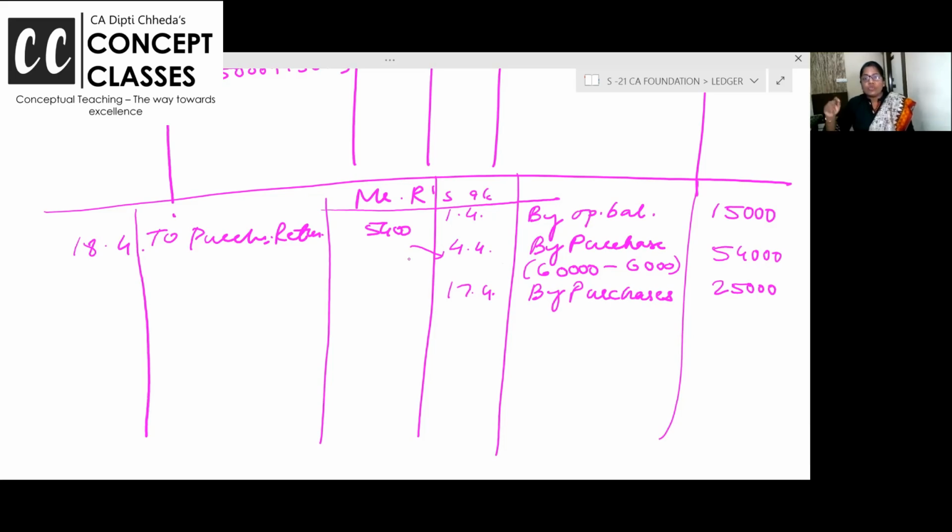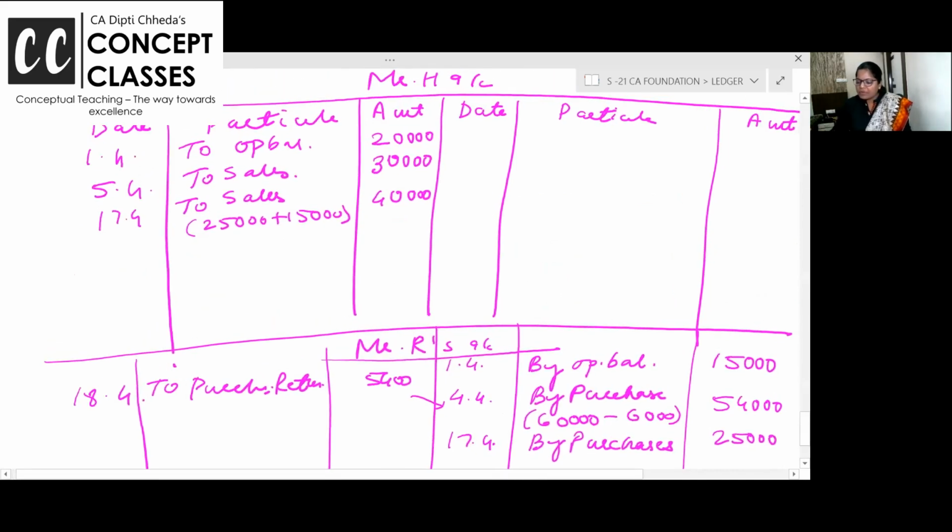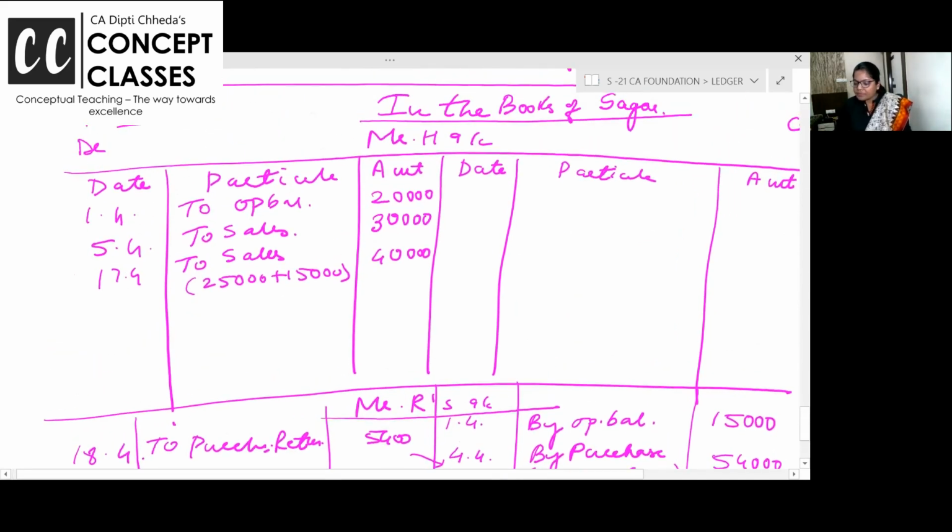19th, S issued a cash memo. Sagar issued a cash memo of 10,000 to Mr. H, who came personally for the consignment of goods urgently needed by him. Okay.